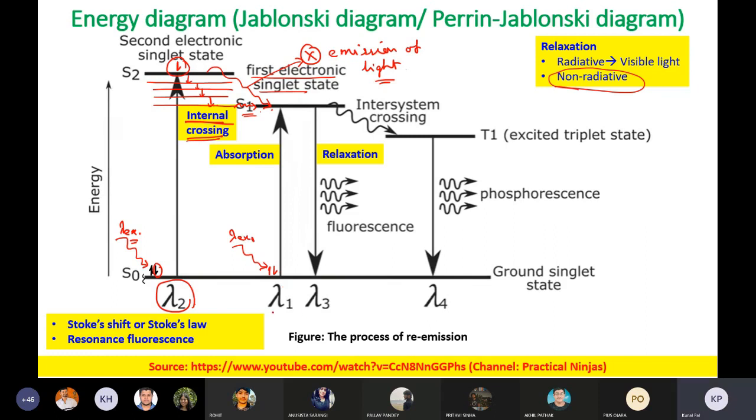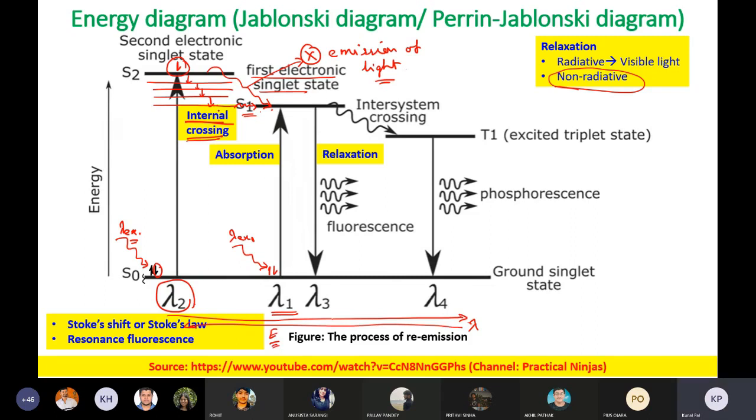Here lambda 1 would be higher than lambda 2. In other words, as we move from left to right, there is an increase in lambda, and since there is an increase in lambda, there is a corresponding decrease in the energy levels.